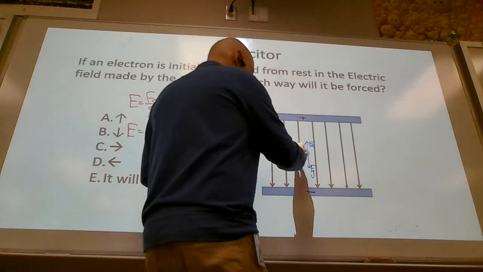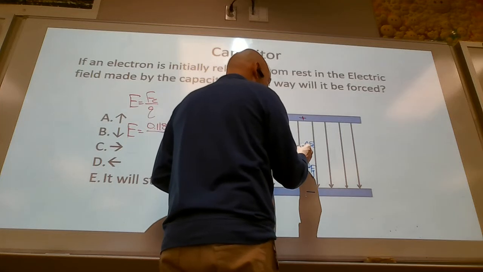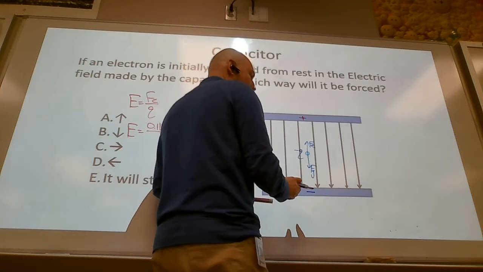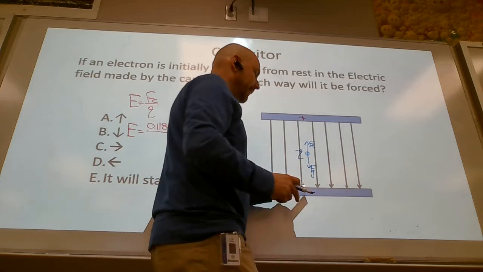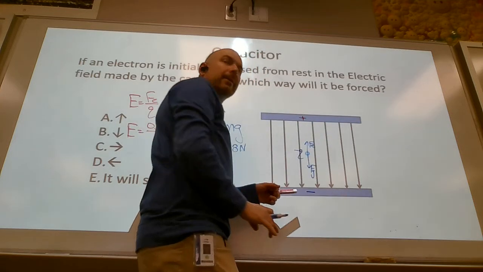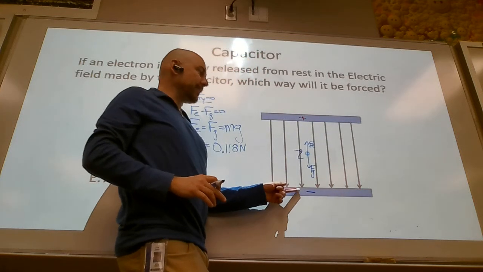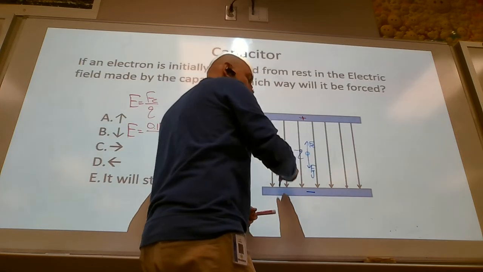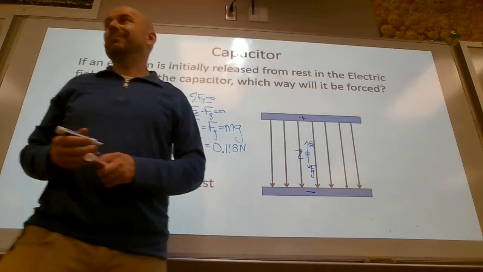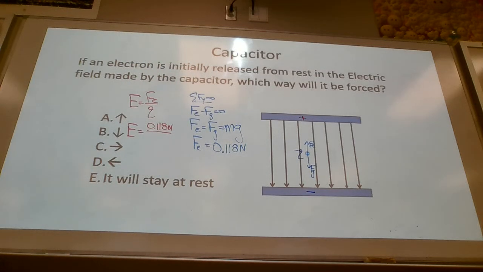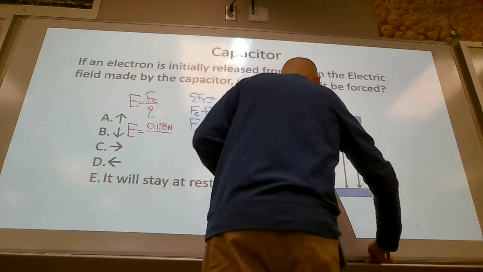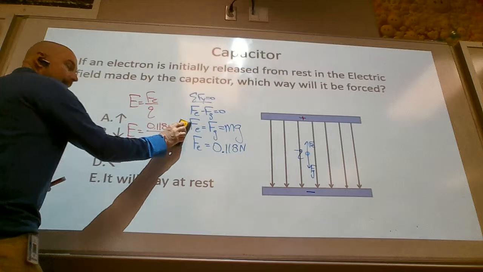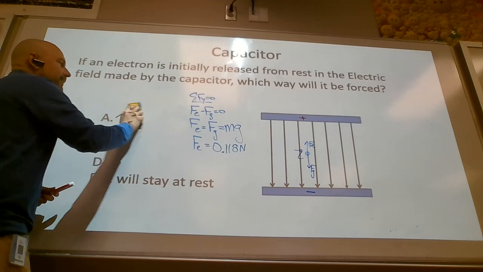So this being a negatively charged object, this surface has to be negative as well. We didn't have the top plate. This surface needs to be negative to repel it, meaning it has electric field lines going into it, in this case, down. How are we doing on that? That's number 5.